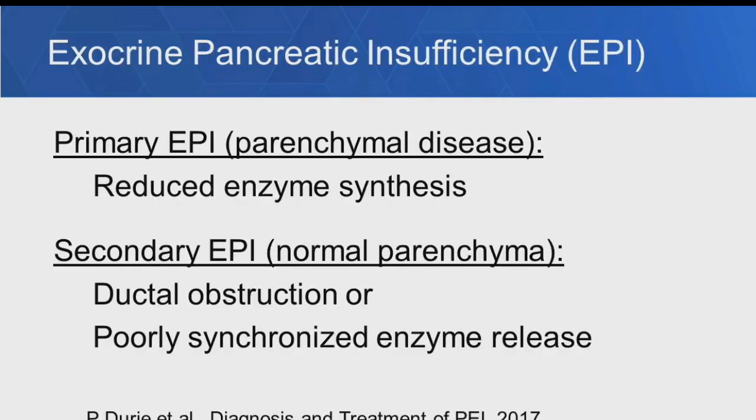So there are two different types of etiologies for exocrine pancreatic insufficiency. The primary ones, which is that the pancreas is not making the enzymes, and the secondary one means that they're making the enzymes, but they are not getting to the duodenum. And this may happen because there's a ductal obstruction, like a tumor or stricture, and there may also be poorly synchronized enzyme release, meaning the enzymes are being made, but they're not mixing with food at the right time in the right place.